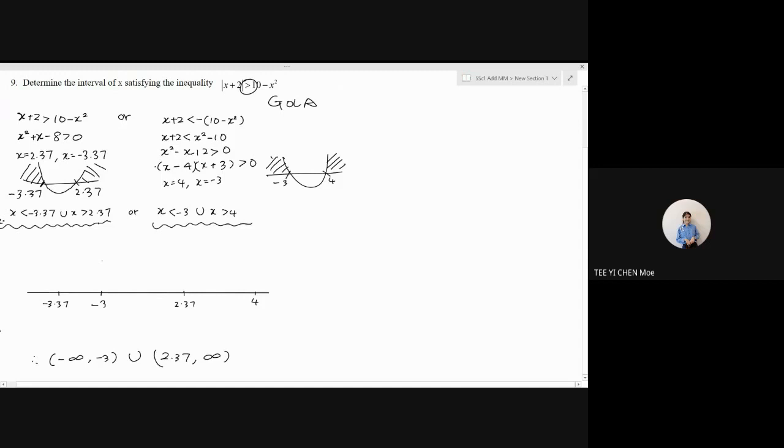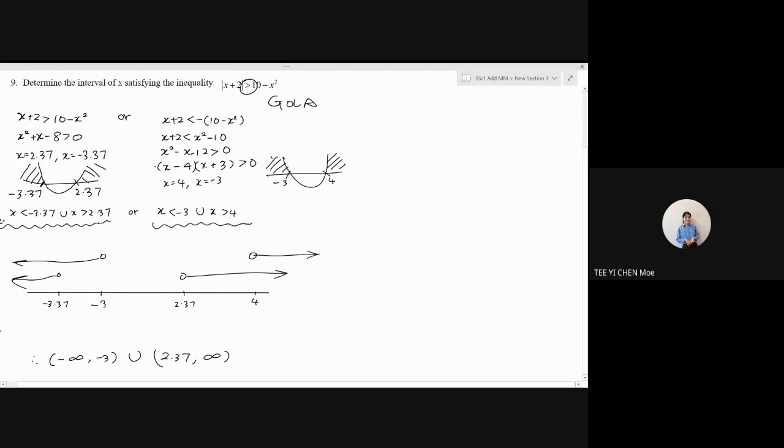So now we draw a number line, okay, and x is less than negative 3.37, okay, and x is greater than 2.37. And next, x is less than negative 3 and x is greater than 4.